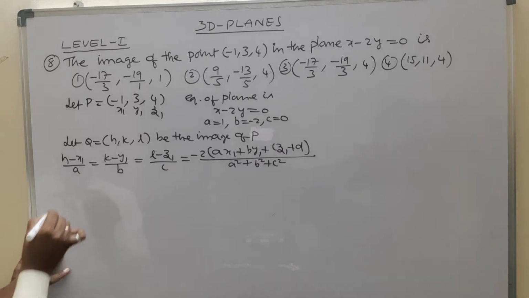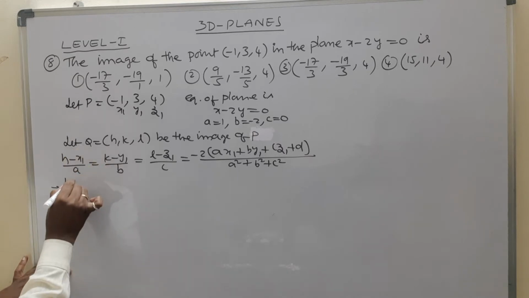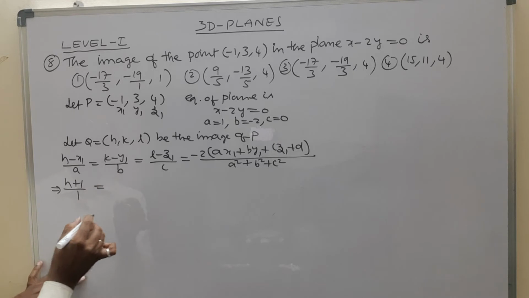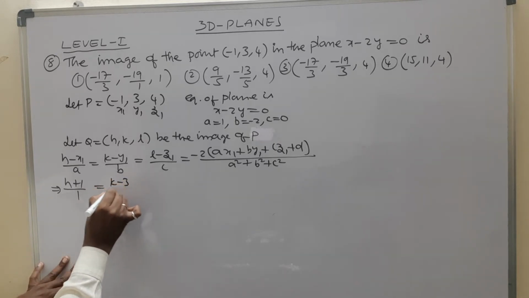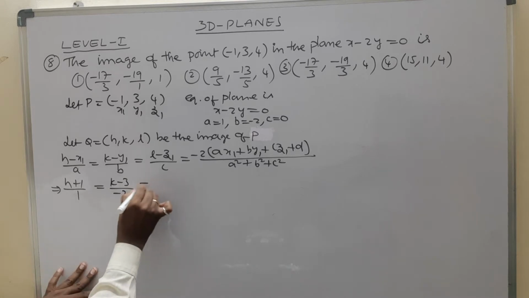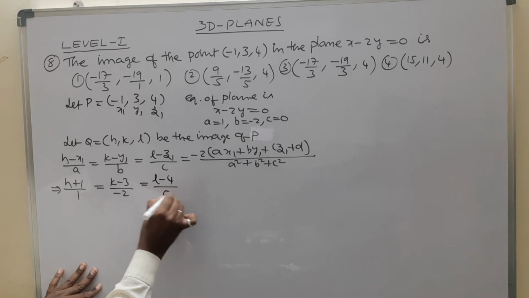h - x1 is h - (-1), minus of minus 1 becomes plus 1, so h + 1 by a, where a is equal to 1. k - y1, y1 equal to 3, so k - 3 by b, b equal to -2. l - z1, z1 equal to 4, here c value is 0.